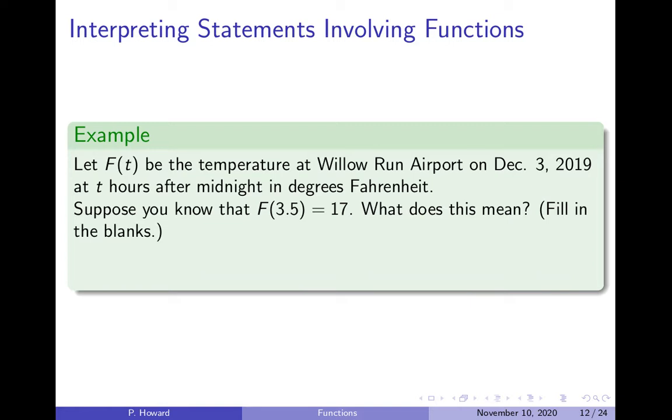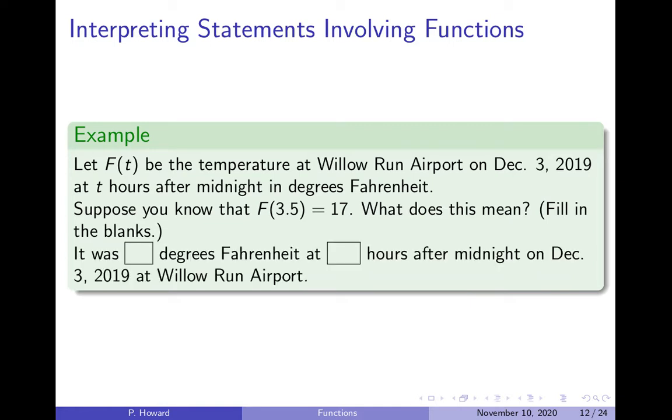Fill in the blanks. And here are the blanks. It was blank degrees Fahrenheit at blank hours after midnight on December 3rd, 2019 at Willow Run Airport. It was 17 degrees Fahrenheit. The 3.5 is the number of hours after midnight. So this is a relatively easy kind of problem that we might encounter.